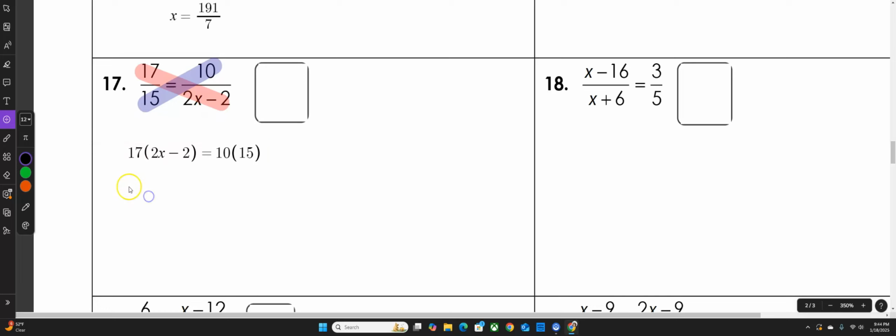And that's going to give us, after we distribute, 34x minus 34 equals 150. And then I'm going to go ahead and add 34 to both sides, which gives me 34x is equal to 184.